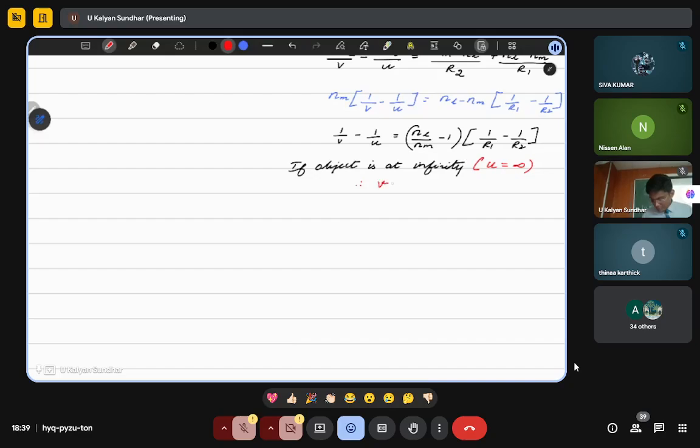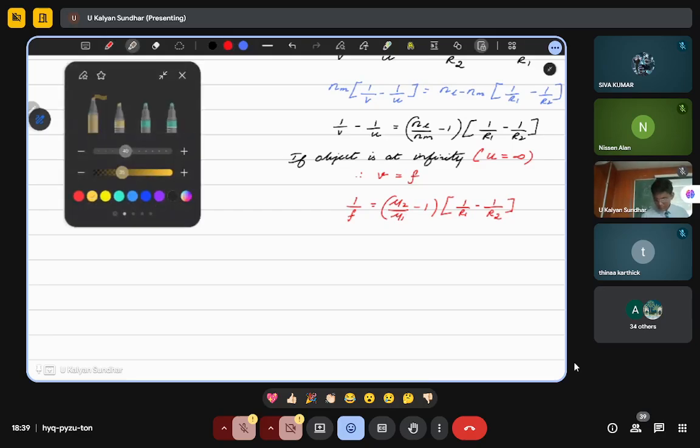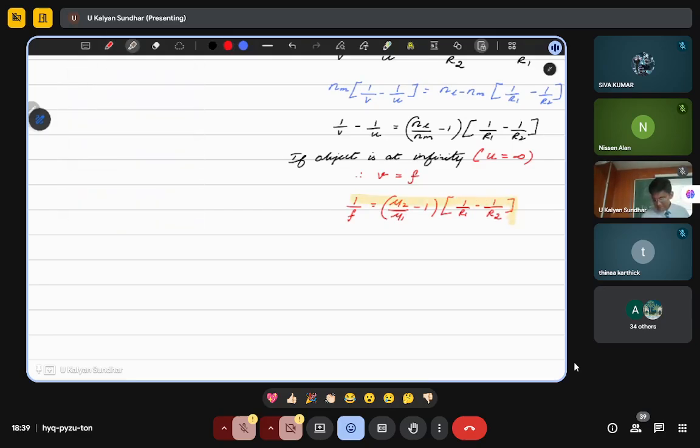Therefore V will be equal to F value. Correct? 1 by infinity is 0. 1 by V I can write as 1 by F. So 1 by F will be equal to N L, or else I write it as mu 2 by mu 1 minus 1 into 1 by R1 minus 1 by R2. This is your lens maker's formula.